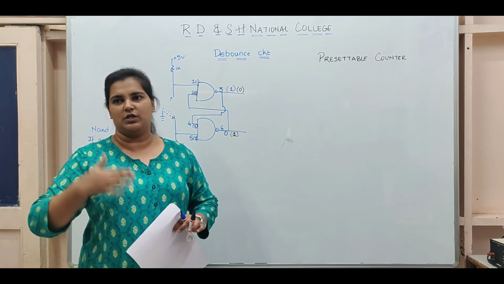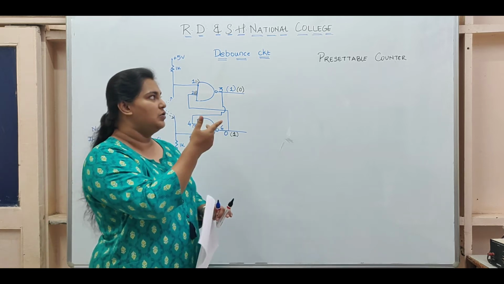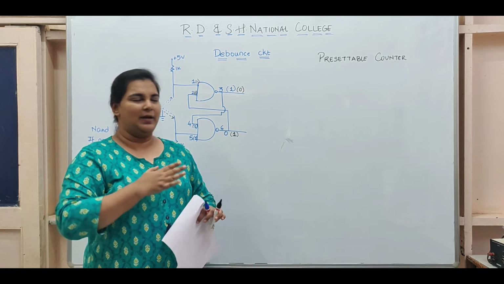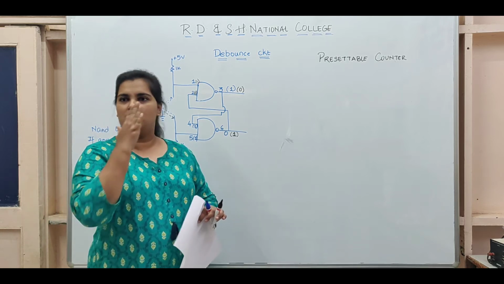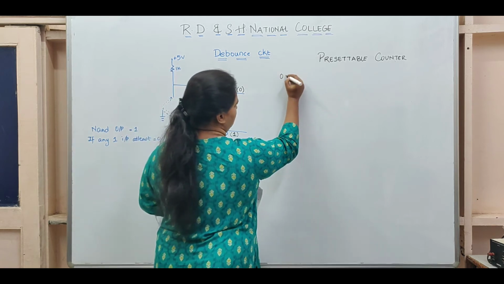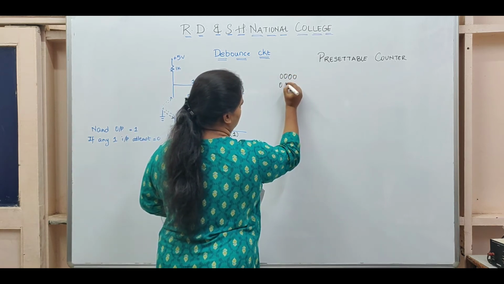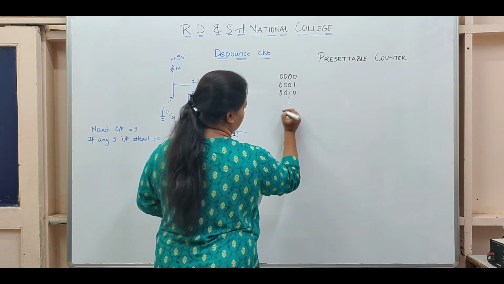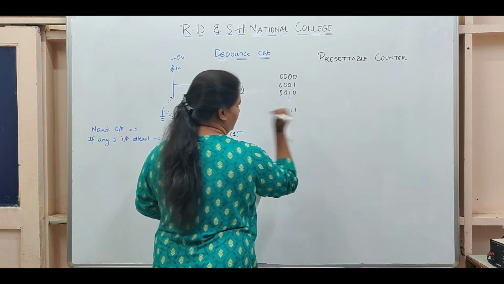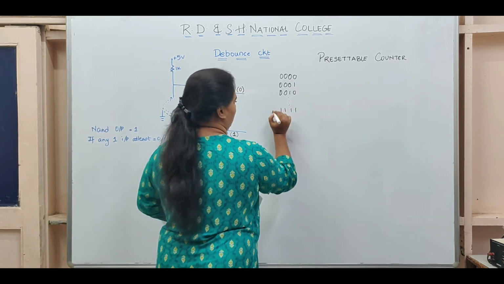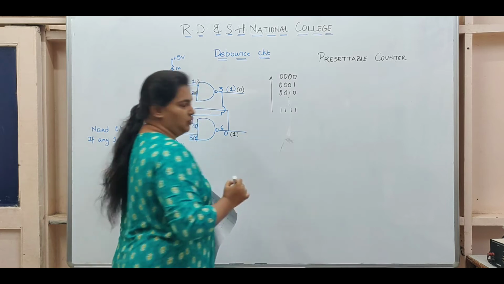These are binary counters and they are 4-bit. So the maximum value I can go up to is 1111. I can go from 0000, 0001, 0010 up to 1111, or I can also go from 1111 to 0000.